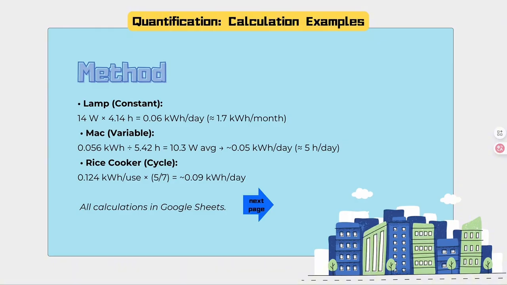For the variable devices, my Mac laptop consumed 0.056 kilowatt-hours in about 5.5 hours, giving an average power of about 10 watts. If used 5 hours a day, that's around 0.05 kilowatt-hours per day. My Nintendo Switch used even less, only 0.008 kilowatt-hours in 40 minutes, which equals about 0.01 kilowatt-hours per day.